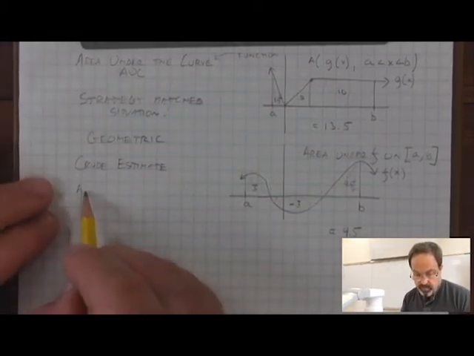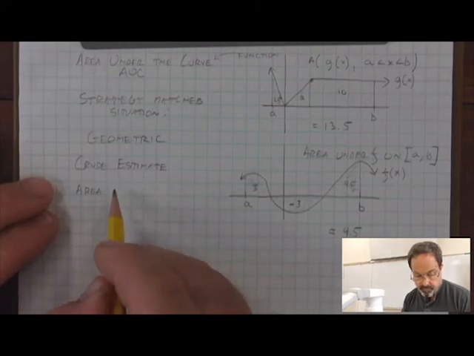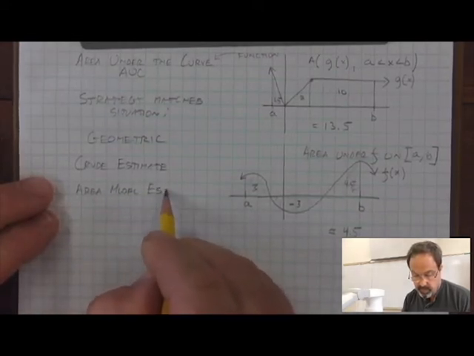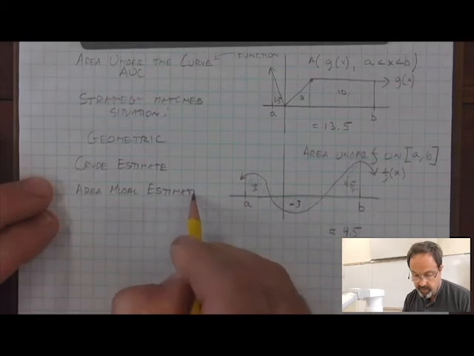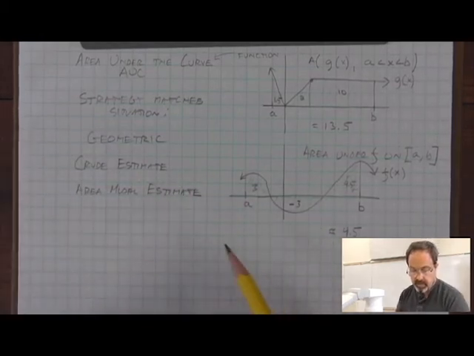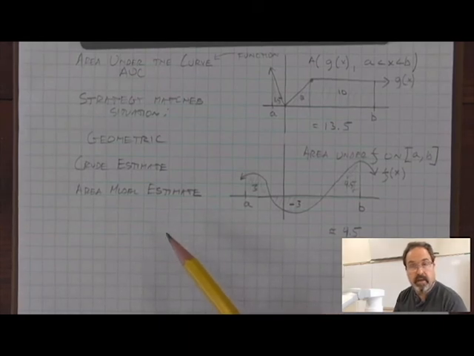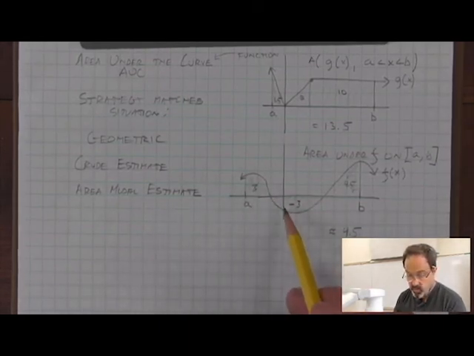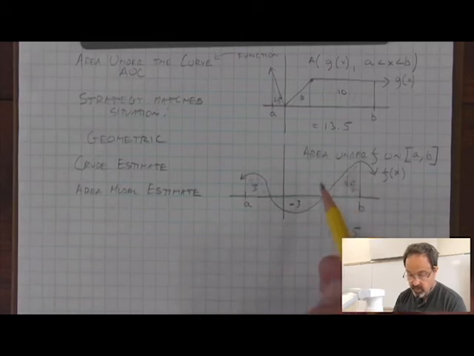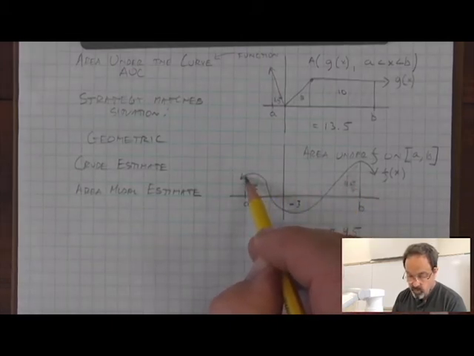There is another way of estimating, and it is more accurate. It can be very accurate, and that is the technique that we introduced in pre-calculus of dividing the region that is shaded here into rectangles.